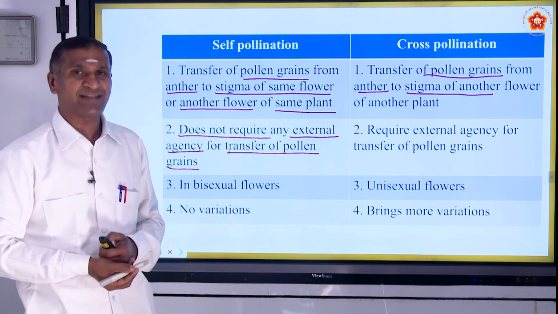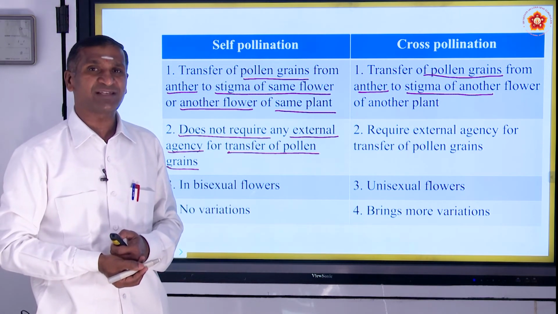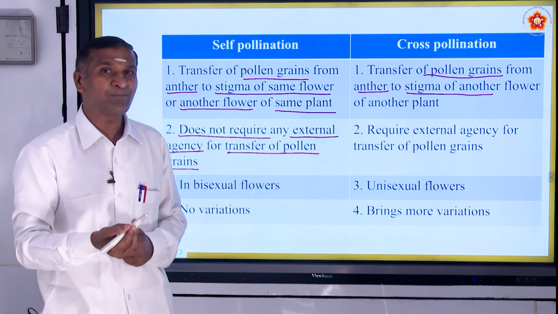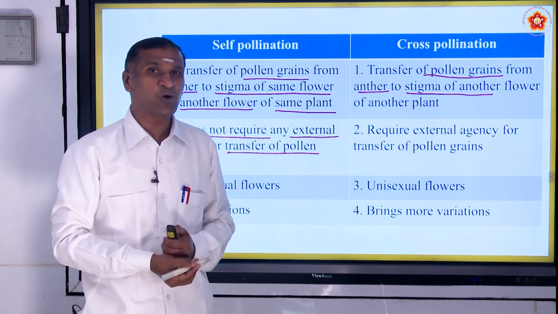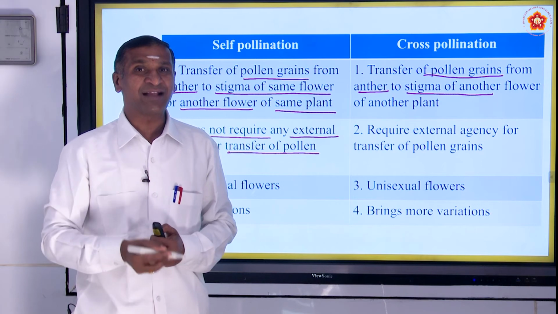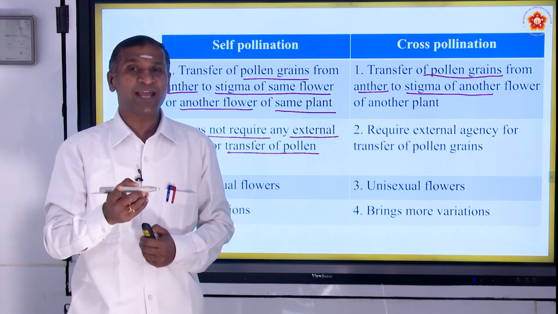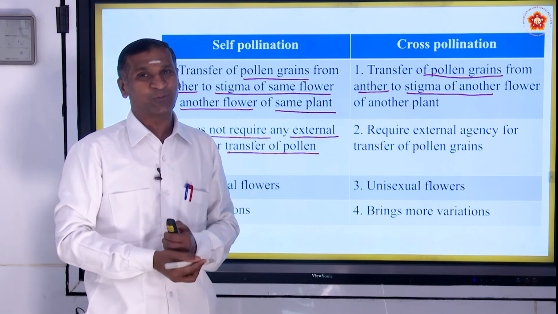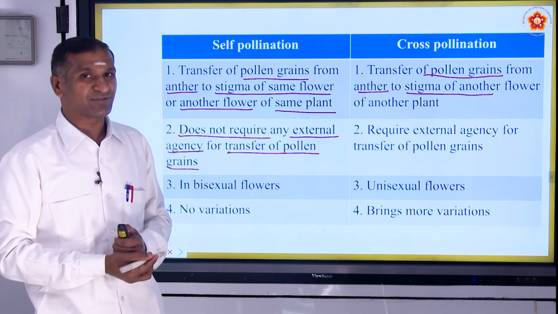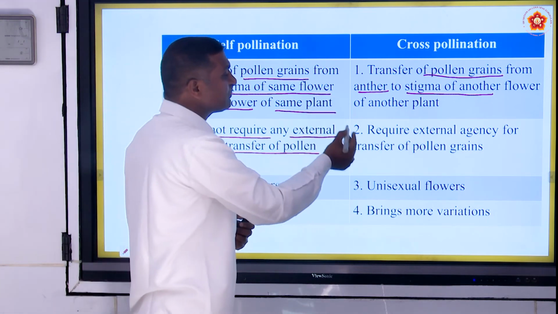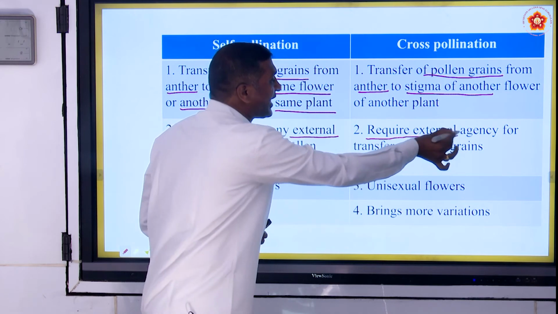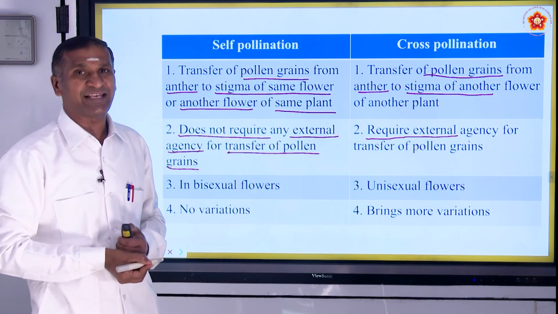In most cases there is no need of an agency because it takes place in the same plant, very good Mr. Rahul. Another person, Sathwik, is saying it takes place in the same flower also. That's why there is no need of an agency for the transfer. Whereas in cross-pollination, the transfer of pollen grains requires an external agency.